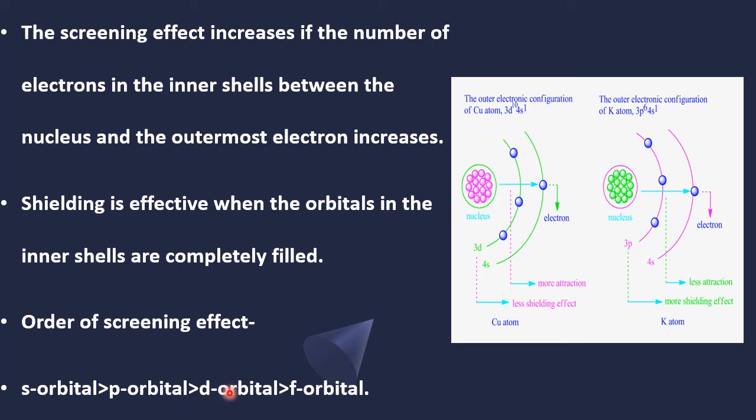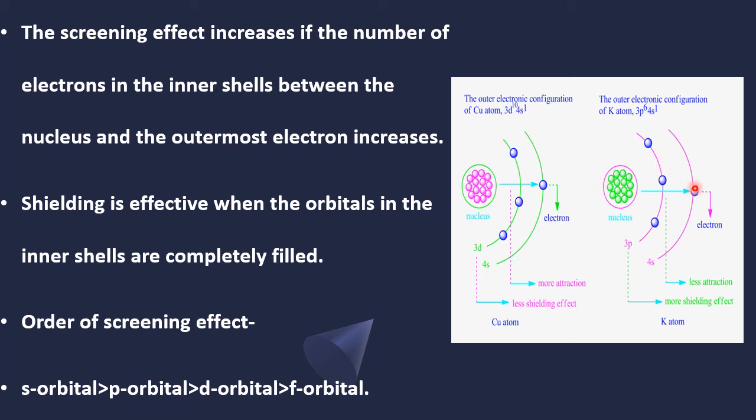Therefore, compared to 3p, 3d can't cover this electron properly. When it can't protect this electron properly, it is under the control of the nucleus. So drag is more, pull is more, attraction is more, and it is more difficult to remove. Whereas in the other case it is not d, it is p.